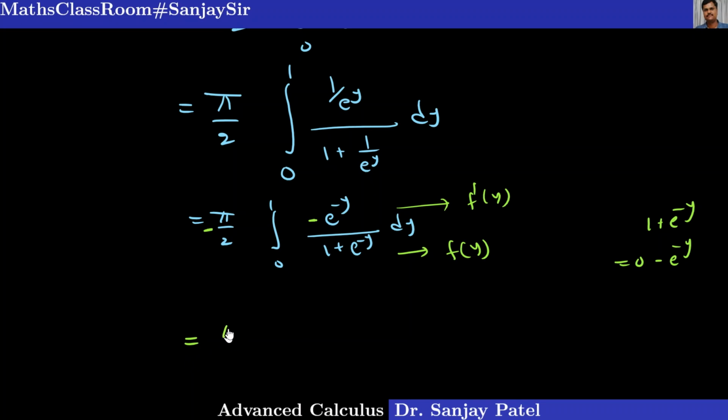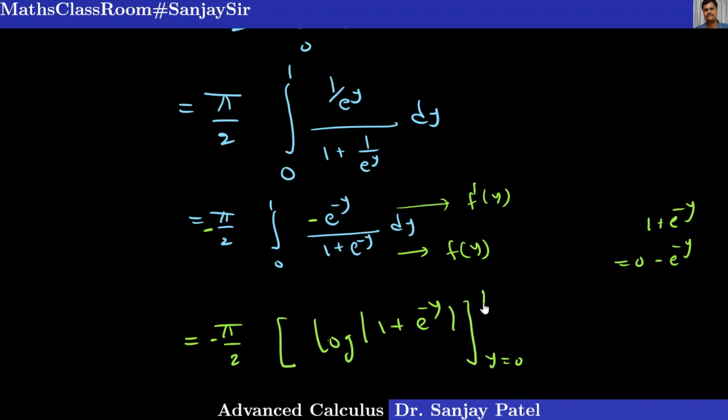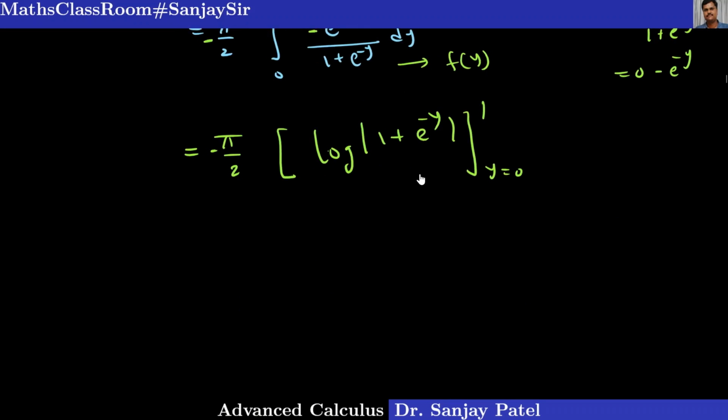So this becomes minus pi by 2, and now by using that formula of the integral of f dash x upon f(x) as log mod f(x), what I will get is log of mod of 1 plus e raised to minus y, and this is to be evaluated from 0 to 1. Putting the values, we get our final answer.